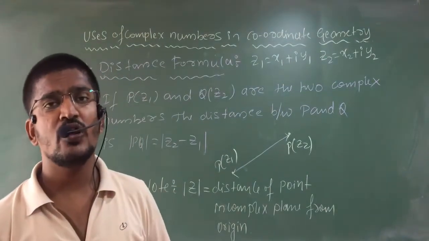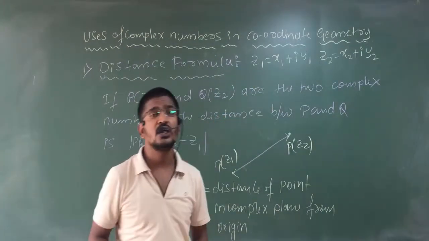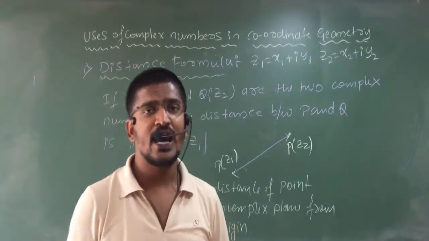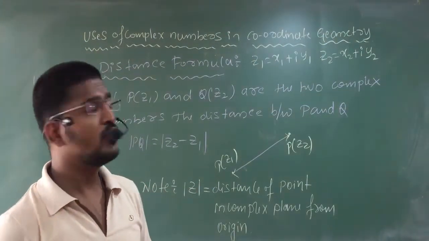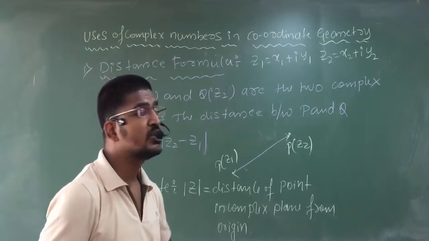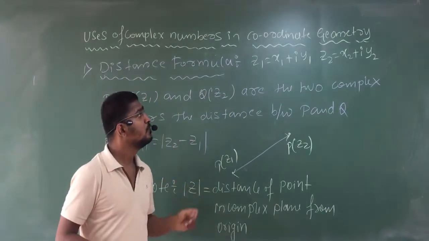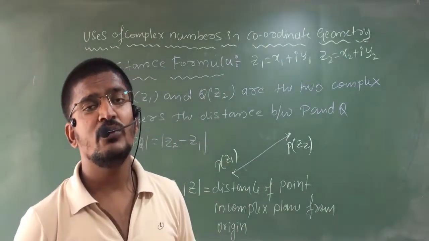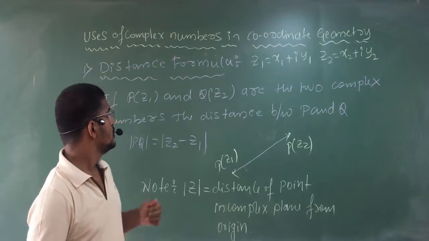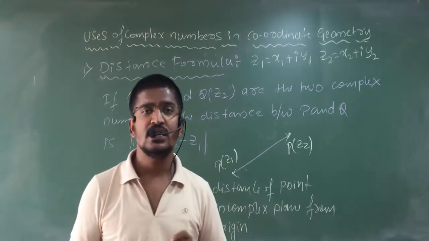Therefore, the distance between Z1 and Z2 is the square root of x2 minus x1 whole square plus y2 minus y1 whole square.